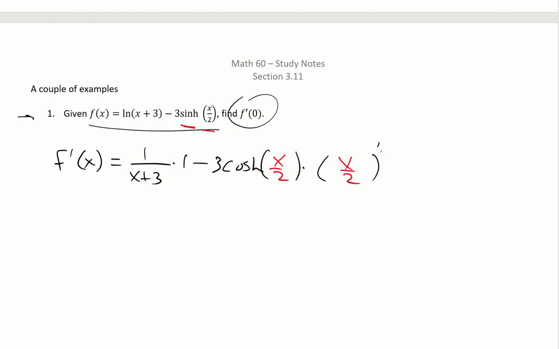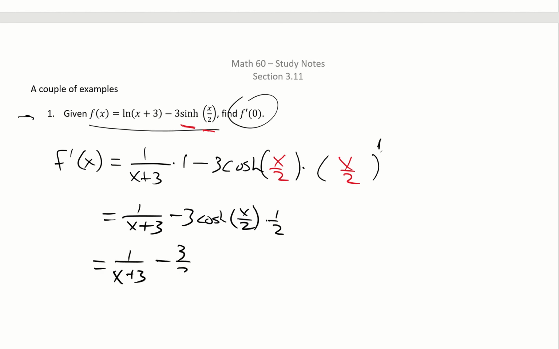All right, not to belabor this, what we have is 1 over x plus 3. We've got a minus 3 cosh of x over 2 times the derivative of this guy, which is 1/2. So let's clean it up. It's 1 over x plus 3 minus 3/2 cosh of x over 2.